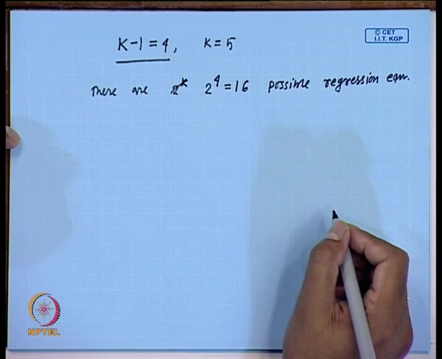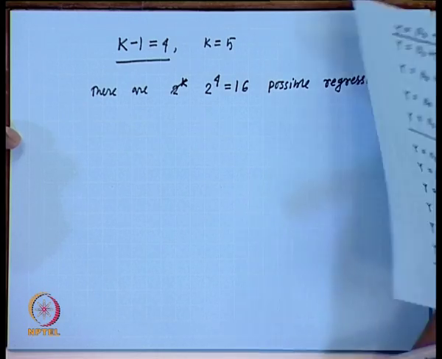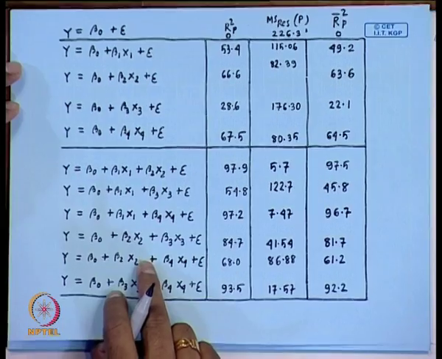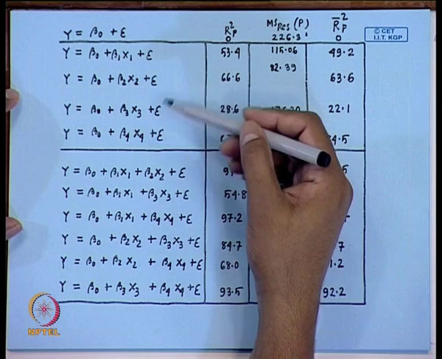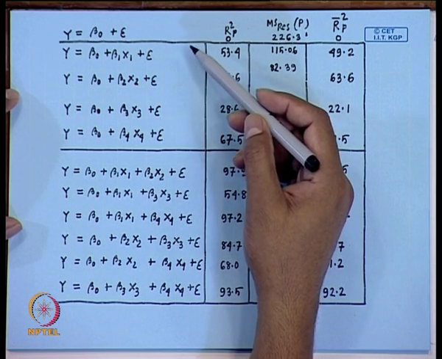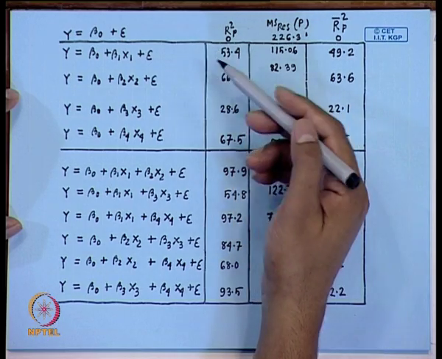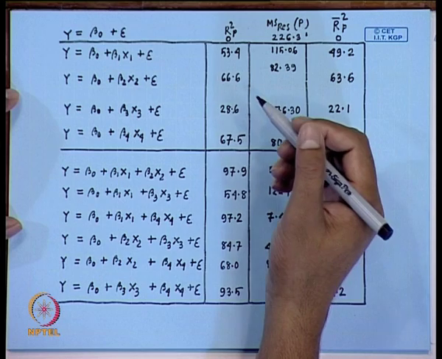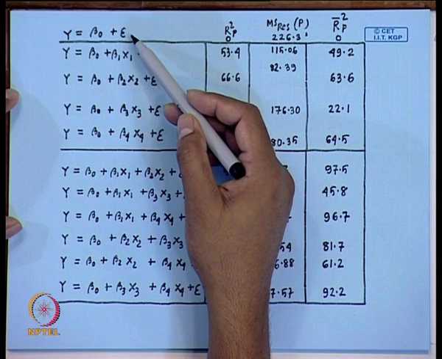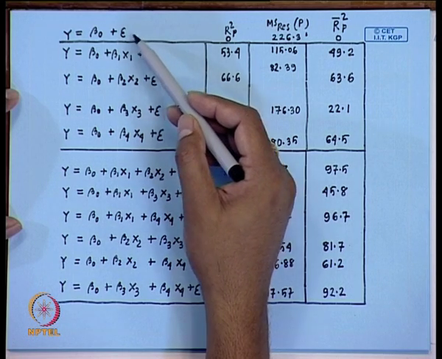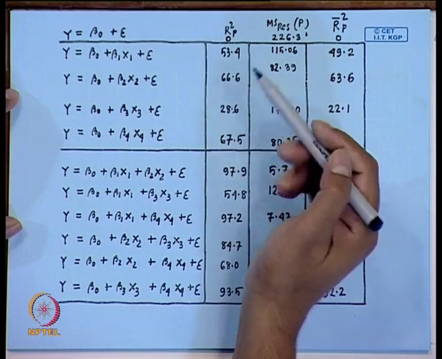Let me show those 16 regression equations. Here I am considering a problem with 4 regressor variables. This is the model with no regressor variable, so the number of such models is 4 C 0, which is equal to 1.